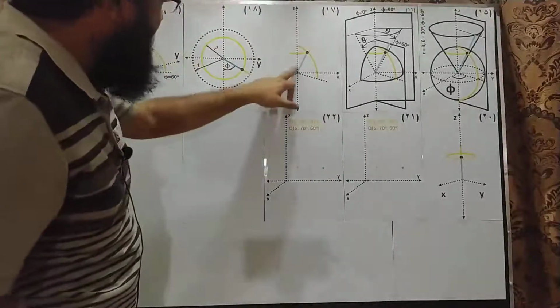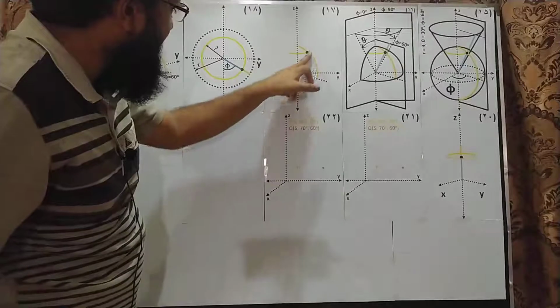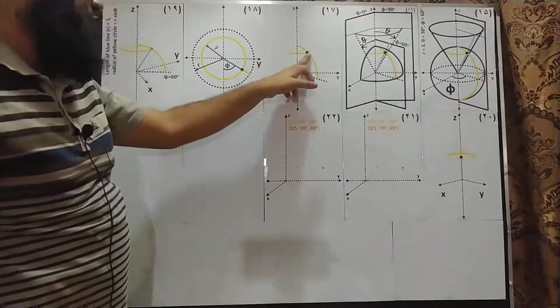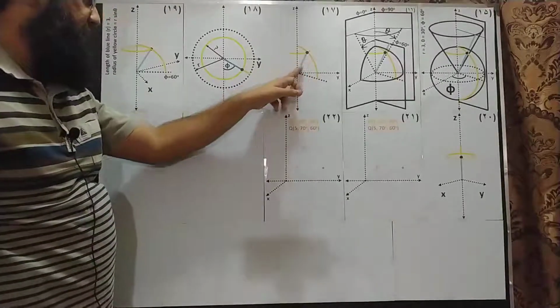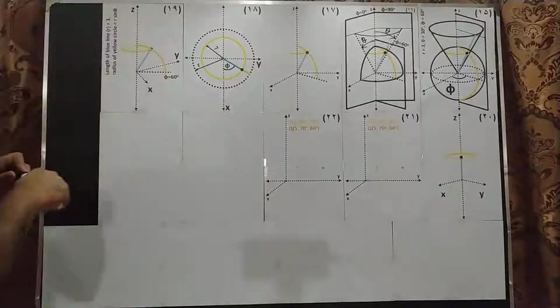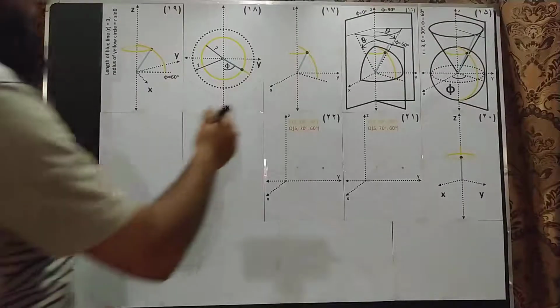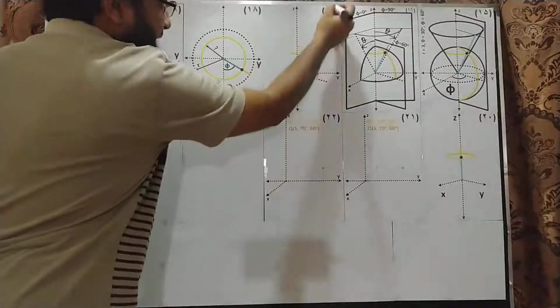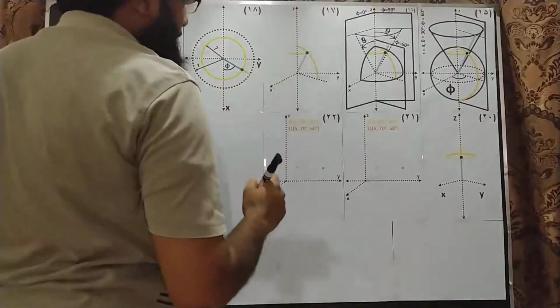So one of the most important properties of this blue line, you should always remember, is that it always passes through the final point which we want to locate.